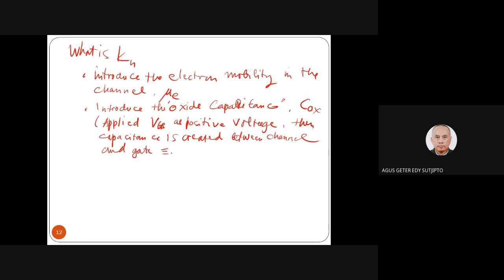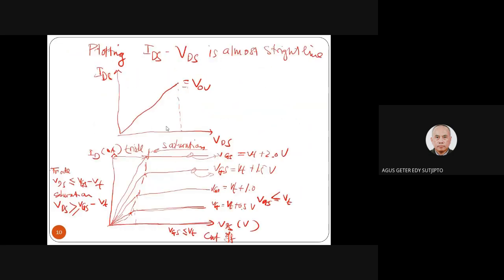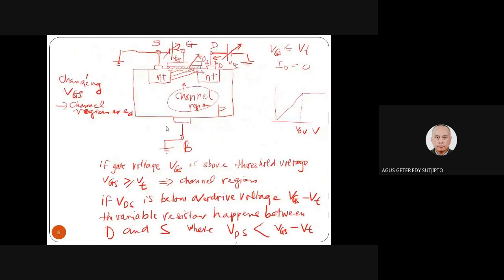In this case we call it the oxide capacitance, COX. Again we see in the MOSFET, when we apply the gate voltage here, we push the holes to the bottom, and then we create the channel region.